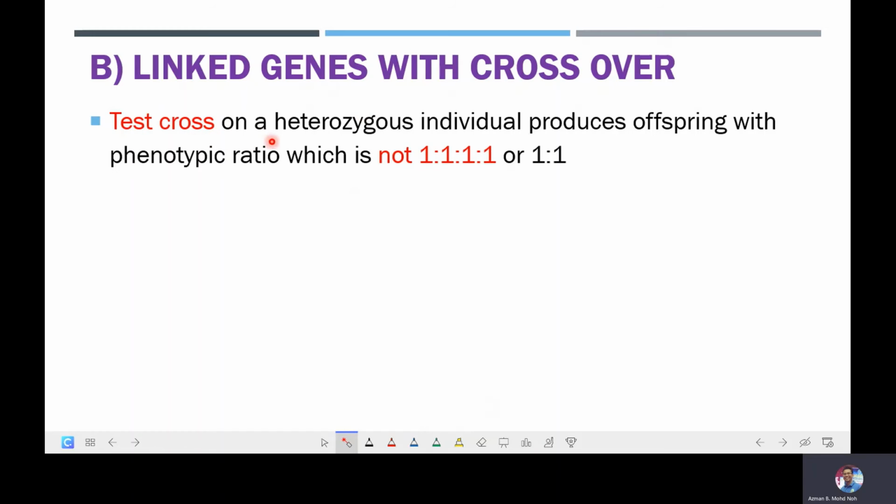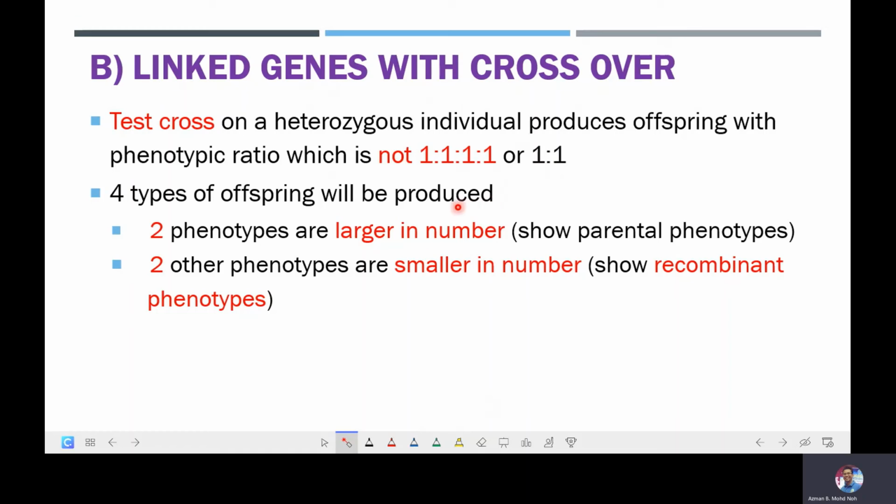If we do a test cross on a heterozygous individual, this will produce offspring with the phenotypic ratio which is not 1, 1, 1, 1 or even 1, 1. Instead, we will be getting 4 types of offspring, and there will be 2 phenotypes that will be larger in number.